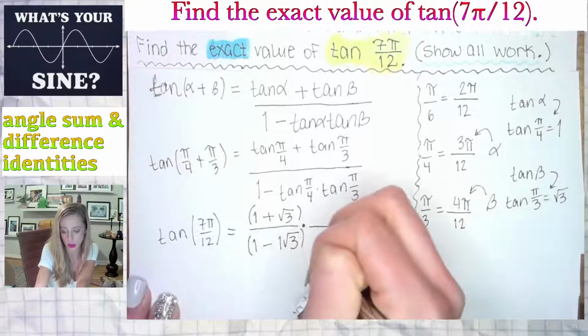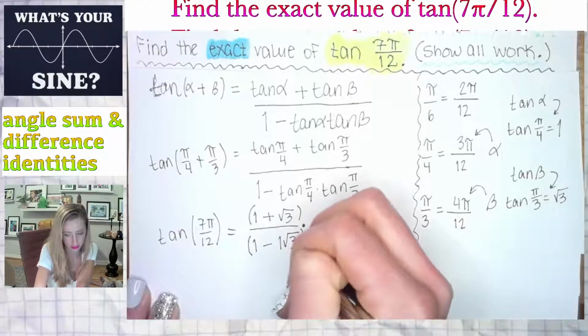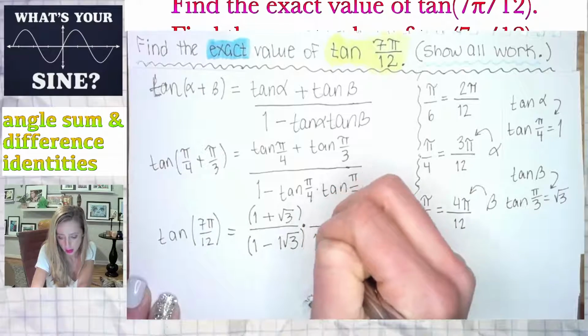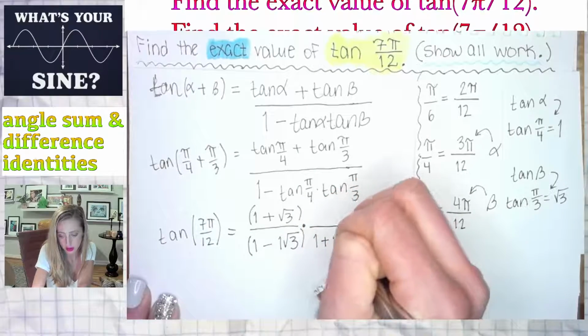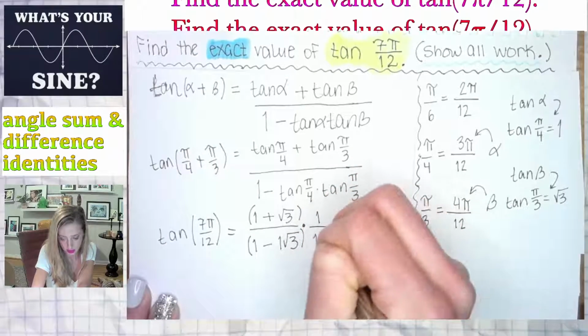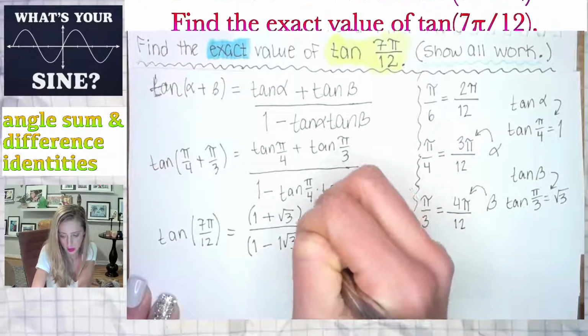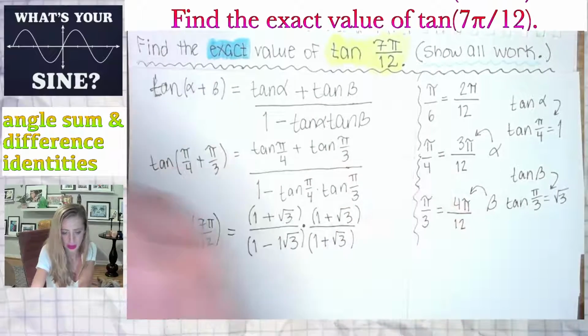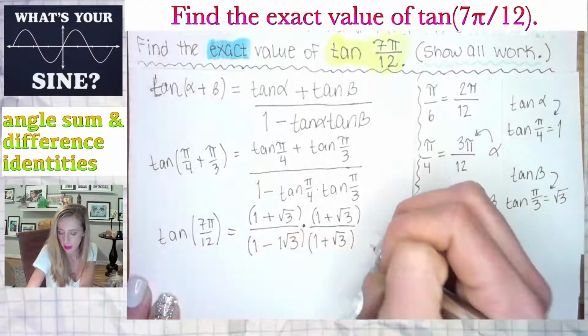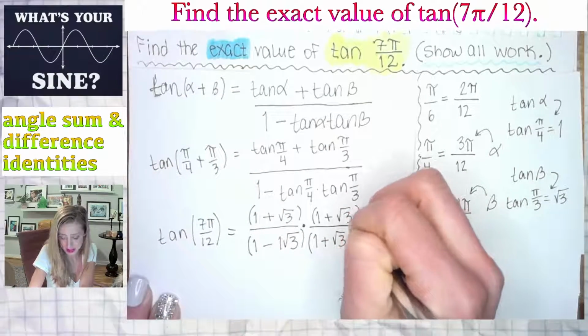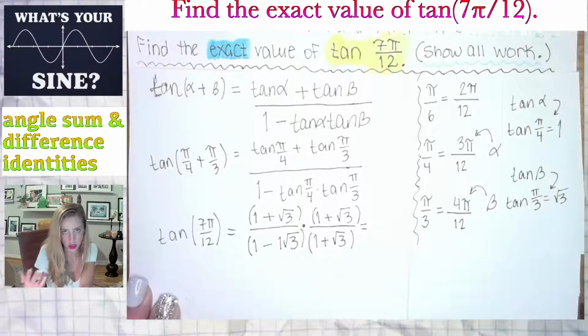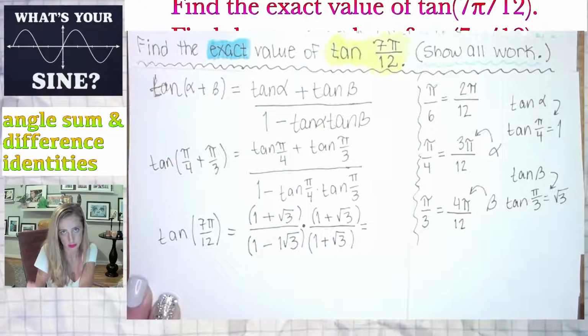We are going to multiply, because we're not allowed to have a radical on the bottom, by the conjugate of the denominator in our denominator and in our numerator, because you are only allowed to multiply by the multiplicative identity, which is 1. Otherwise, you change the value of the expression.